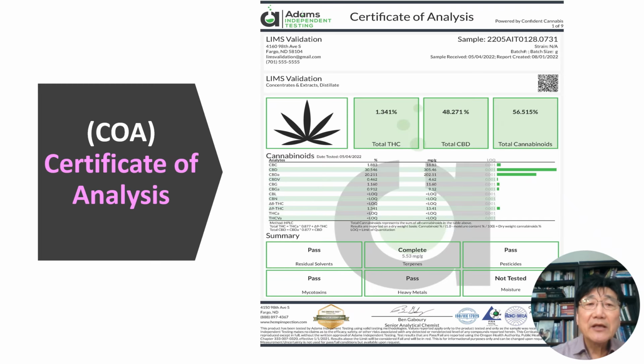Finally, if you want to purchase some seeds, you must obtain a certificate of analysis from the seed suppliers. This is an example of a COA obtained from a cannabis seed supplier.